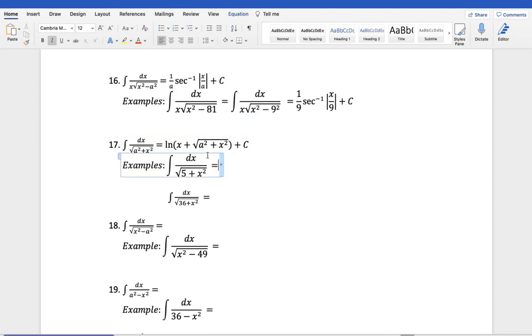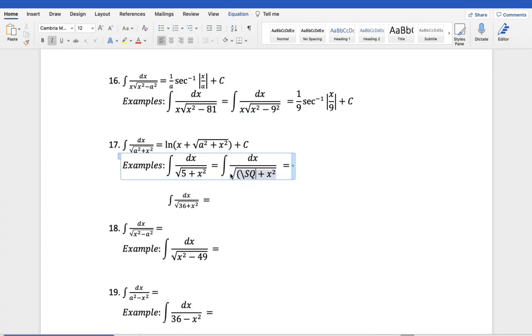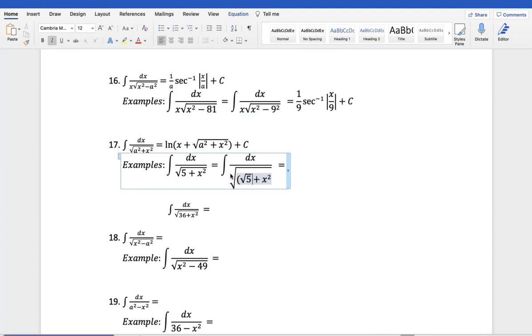And if we were to apply this to this particular example here, we have the integral of dx over the square root of 5 plus x squared. And we know that 5 is just the same as the square root of 5 squared. This can be rewritten as such.